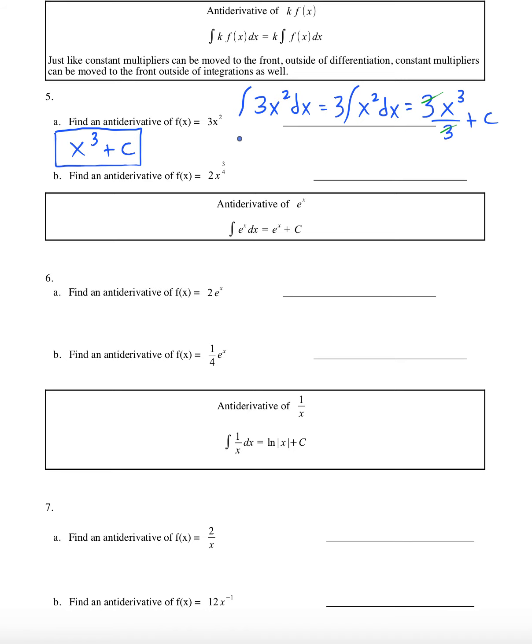Okay, so we want to do an antiderivative of 2x to the 3/4. Pull that 2 out front, and now we just want the antiderivative of x to the 3/4.